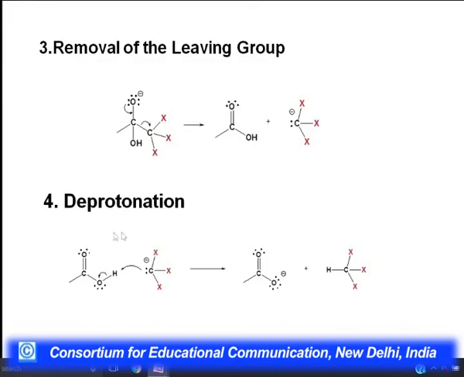Now this carboxylic acid is acidic in nature, and this is basic in nature. So this being a strong base, abstracts a proton from here, resulting in the formation of a carboxylate ion and the haloform.